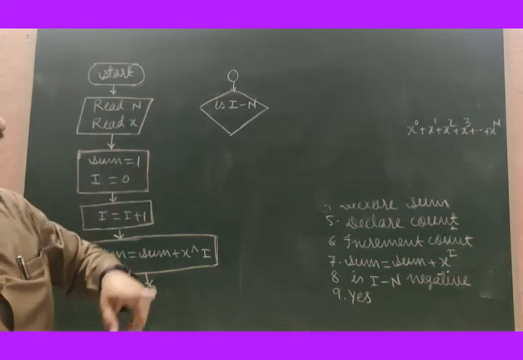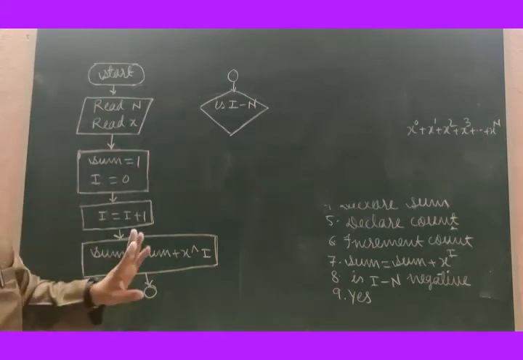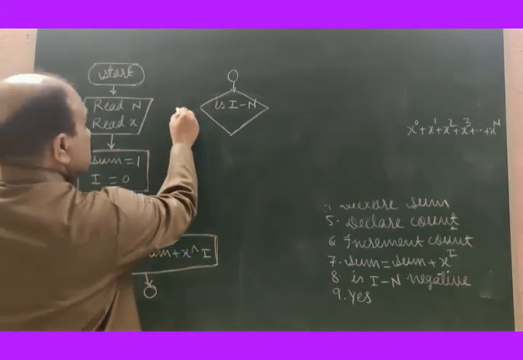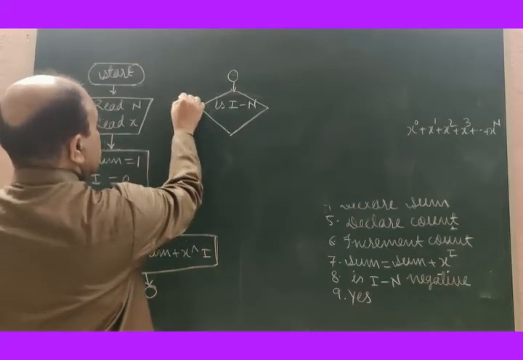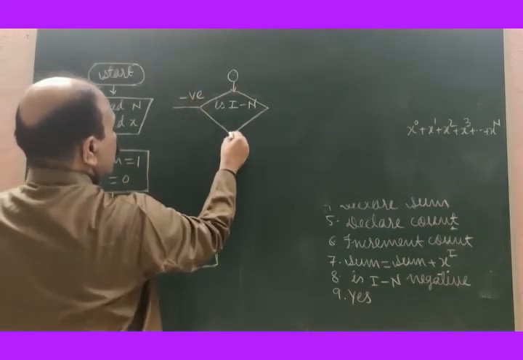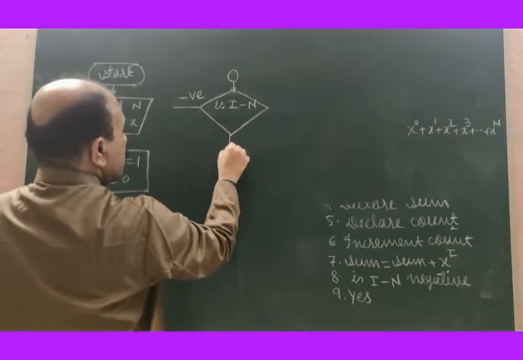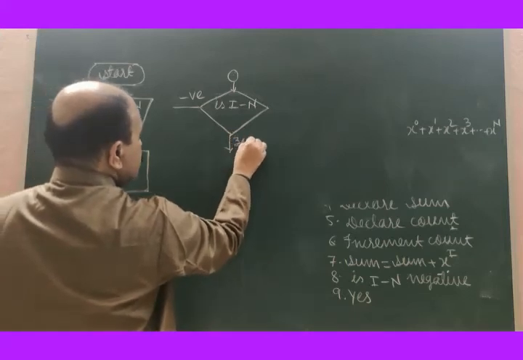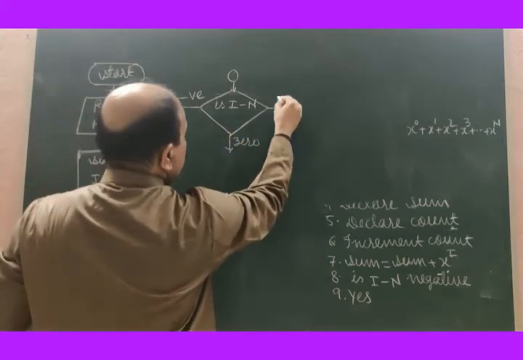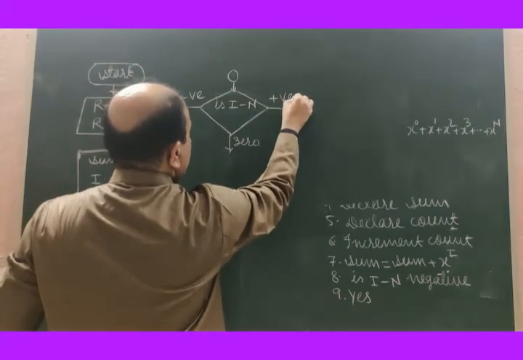Is I minus n negative, positive or 0? Let me consider this as negative, this as 0, this as positive.